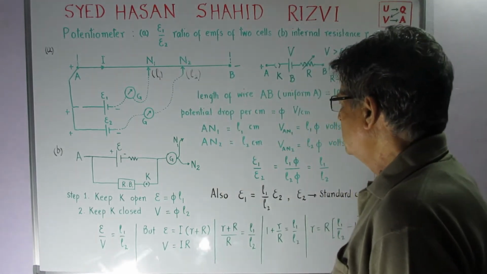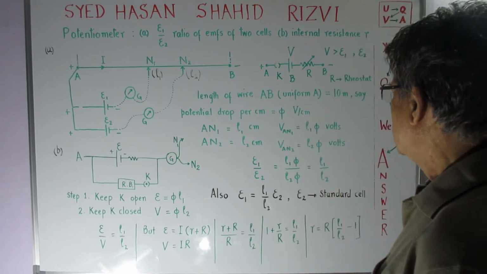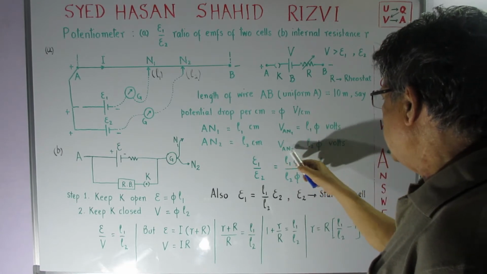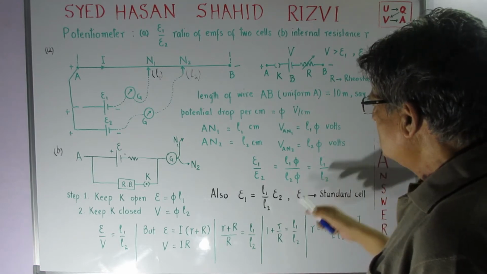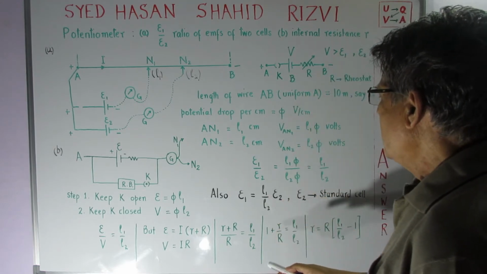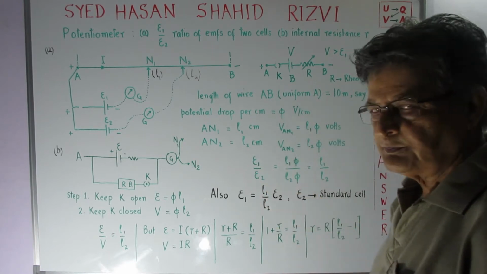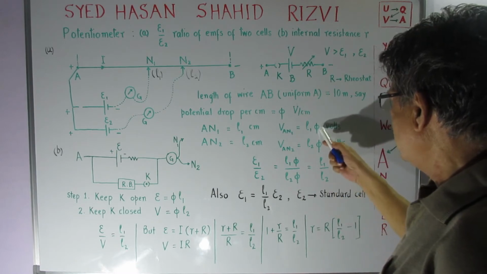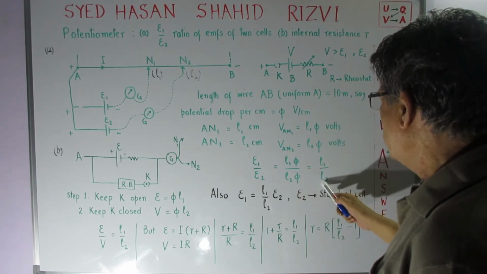And the voltage AN1 is equal to L1 into 5 volts, and voltage AN2 is L2 into 5 volts. So simply I can say that E1 upon E2 is equal to L1 into 5 divided by L2 into 5. So this is L1 upon L2.